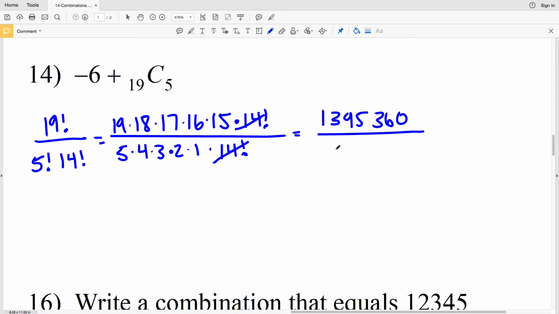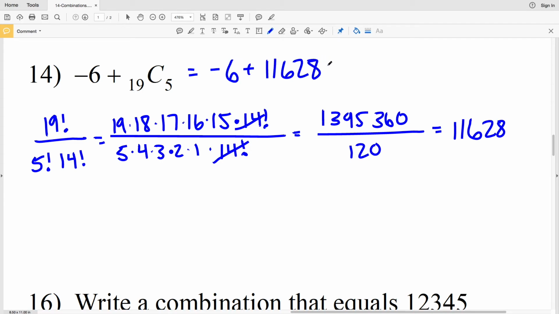And when I divide that by 120, which is 5 times 4 times 3 times 2 times 1, it equals 11,628. But I'm taking negative 6 and adding that to 11,628, which, adding negative 6 or taking away 6, will be 11,622. That is my solution in number 14.